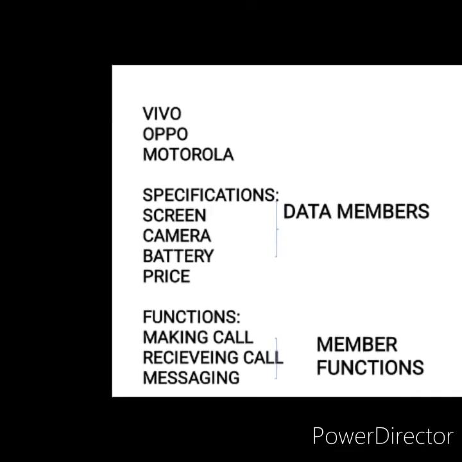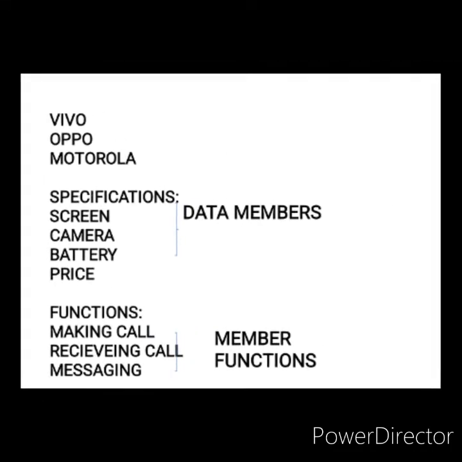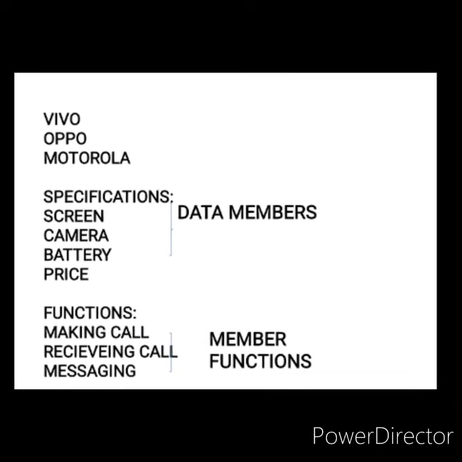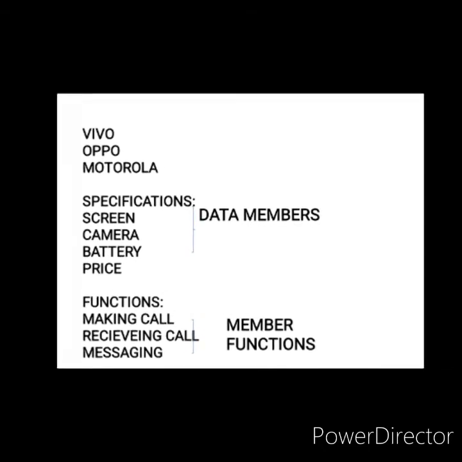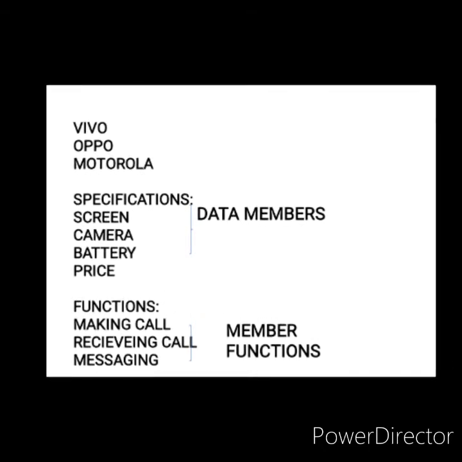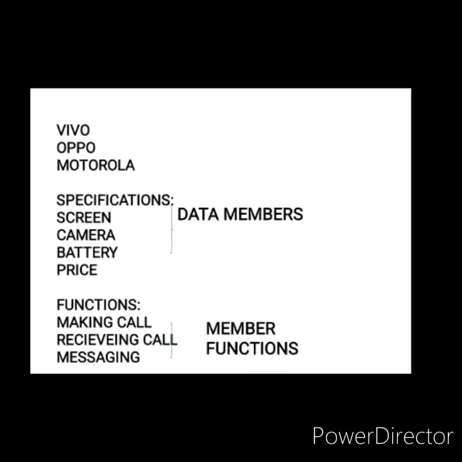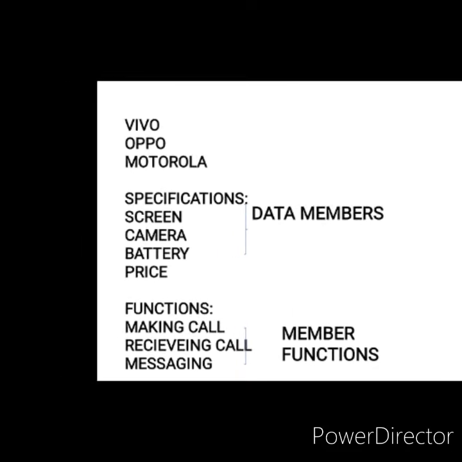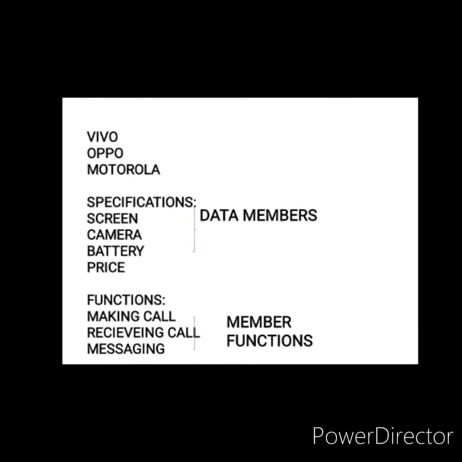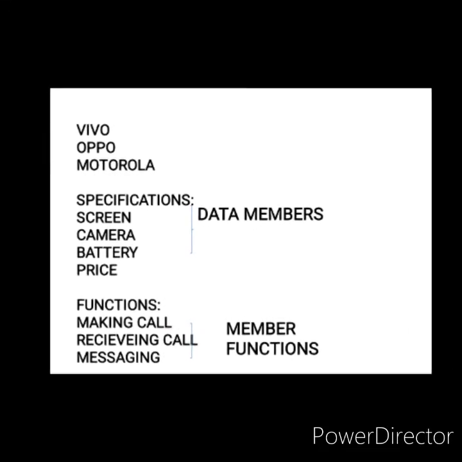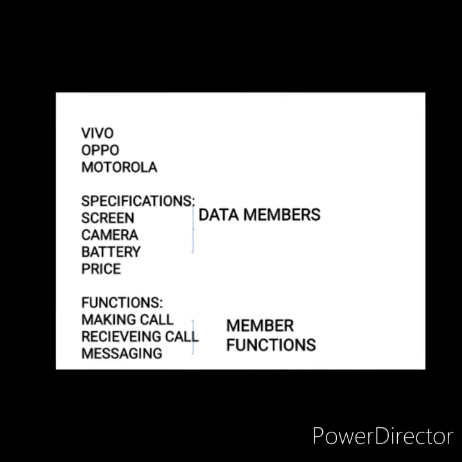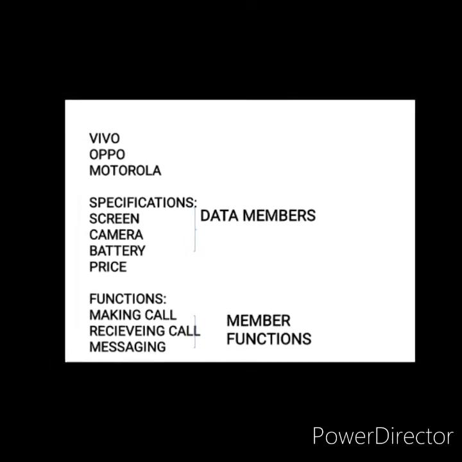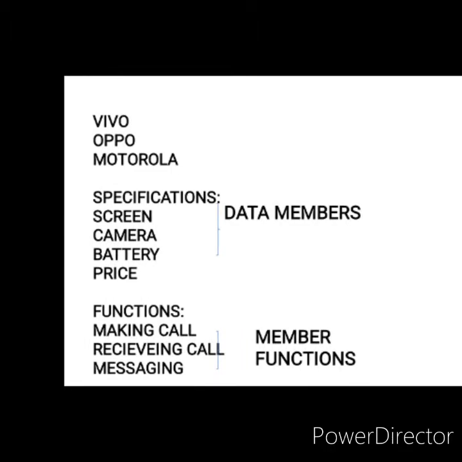Now coming to the next thing, that is called the member functions. What are the member functions? They are the functions which you can perform with the mobile phone. If you have a mobile phone, you can perform various functions, like you can make a call, receive a call, send a text message, send a WhatsApp message, send a pic, send a music video, something like that.